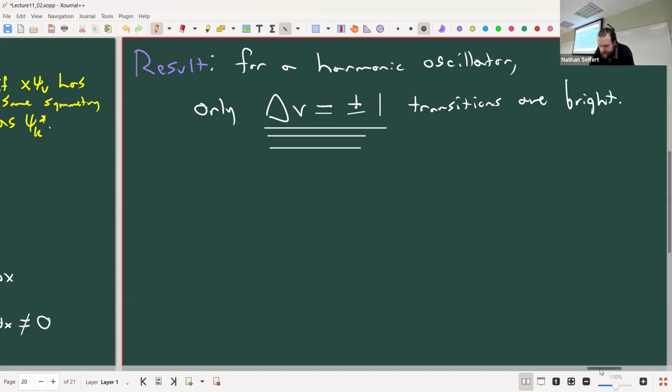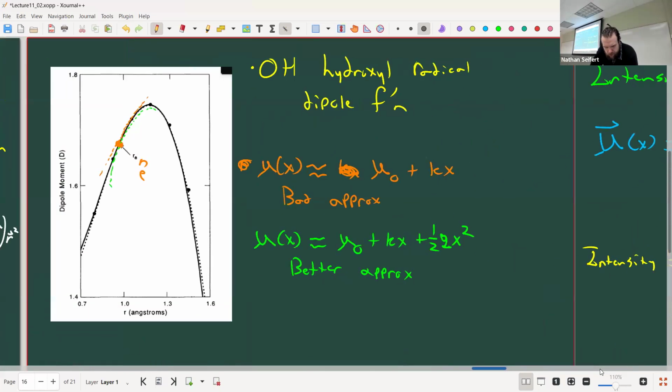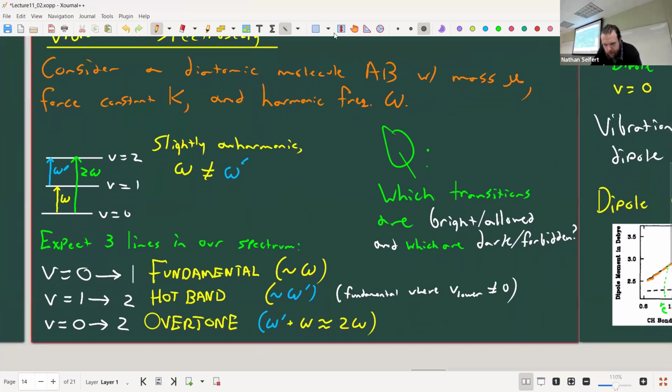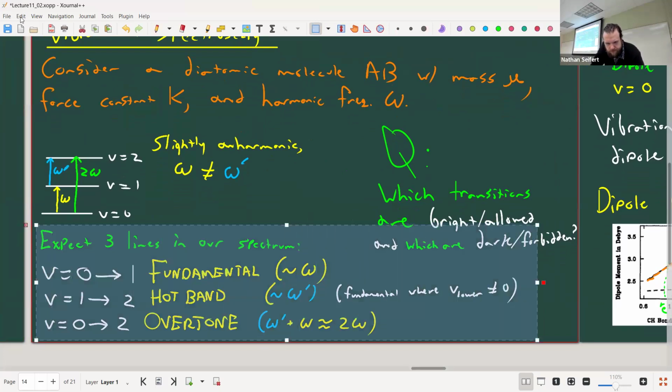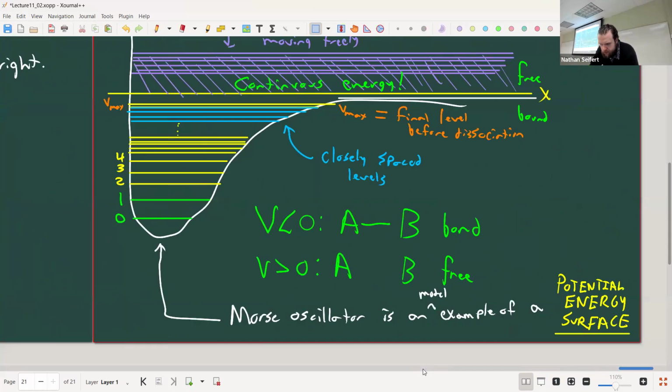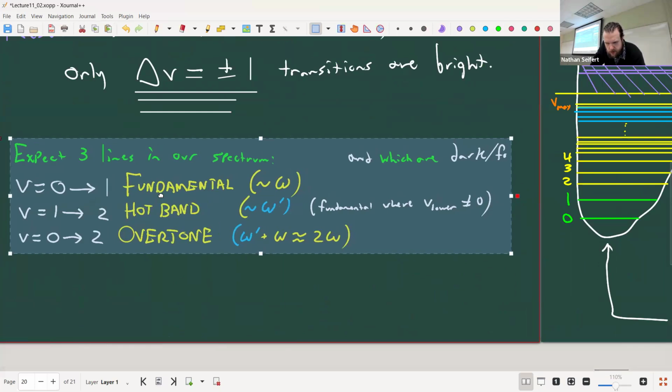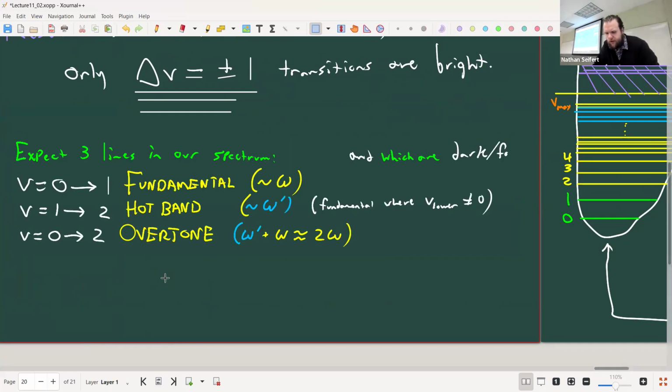Okay, so let me just copy and paste it over. This first question that we asked about these three transitions, bring it back over to this page. All right, we go back to this question. We have these three unique transitions. Which ones are bright, which ones aren't?